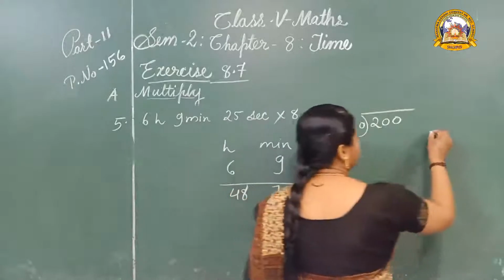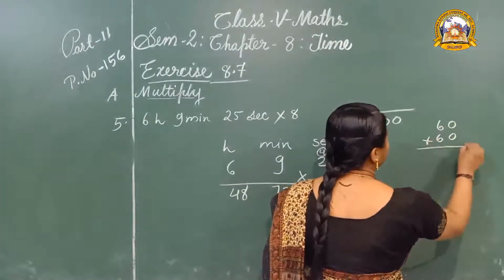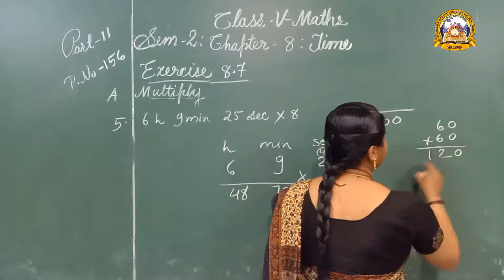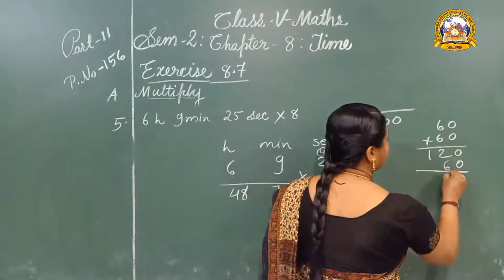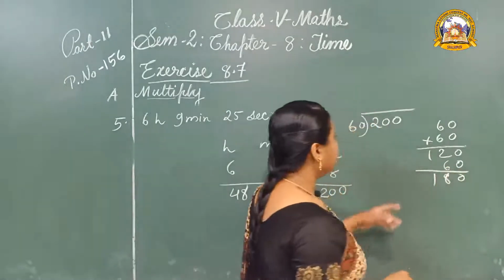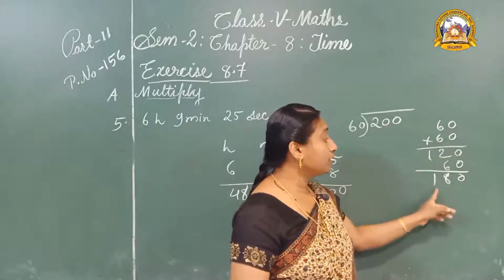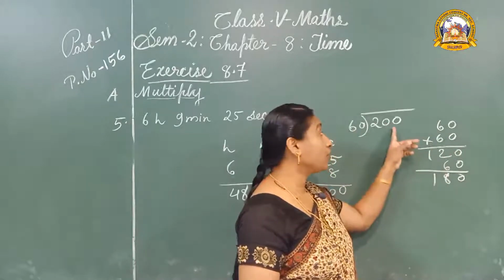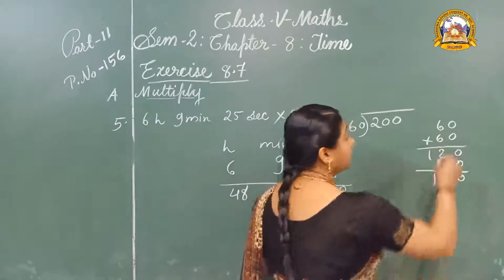Okay, children, look here. 60 plus 60, 120. Then 120 plus 60, 180. Then can we divide 60 again? Because already it is 180. What is remained there? Only 20. So let us stop here.